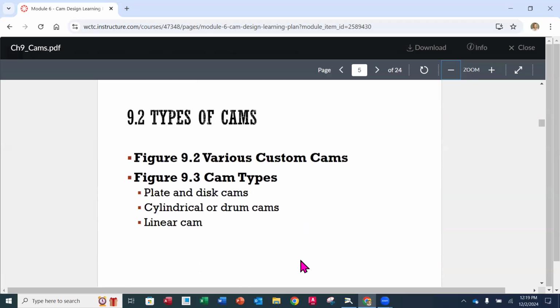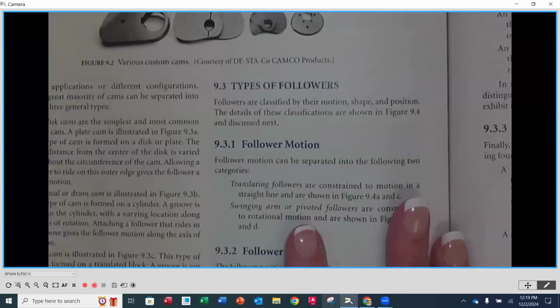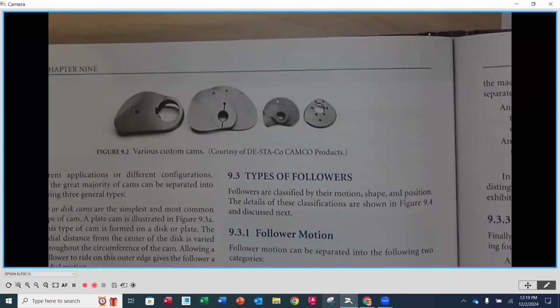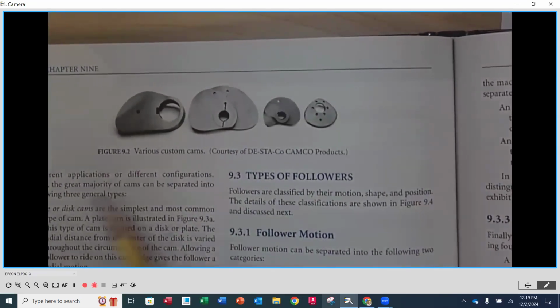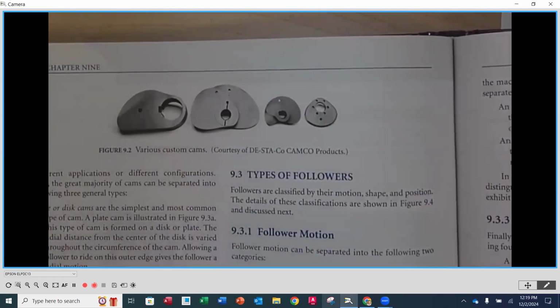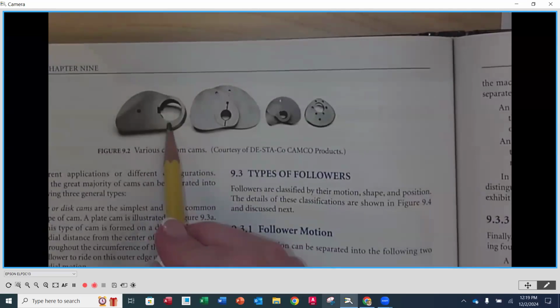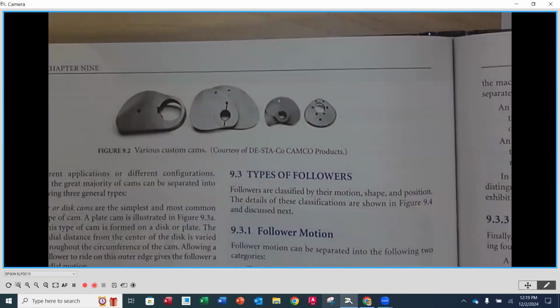Now, there are different types of cams, and we'll see various types of cams on the top of page 224 in figure 9.2. Okay, so what each one of these cams has is a place where it's going to interact with a shaft. And you'll also notice the cutout in most cases that has a key.